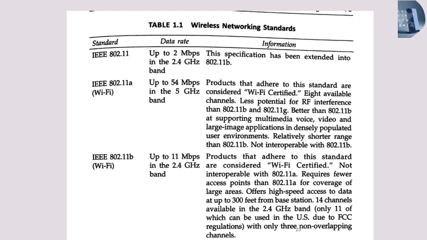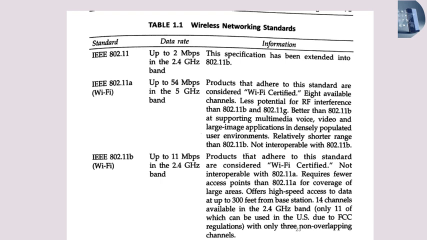Mainly, three international standardization bodies are responsible for formulating networking standards, that is ITU, IEEE, and ISO. The IEEE, or Institute of Electrical and Electronics Engineers, is a non-profit technical professional association of members from over 150 countries.